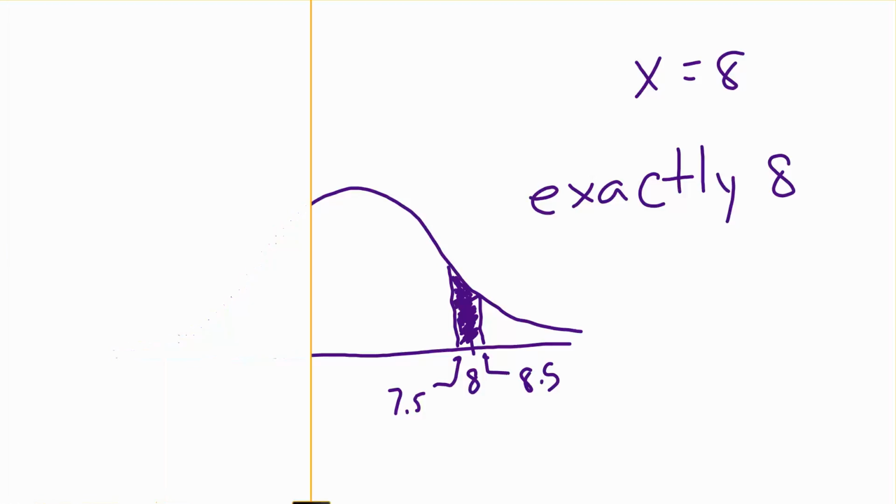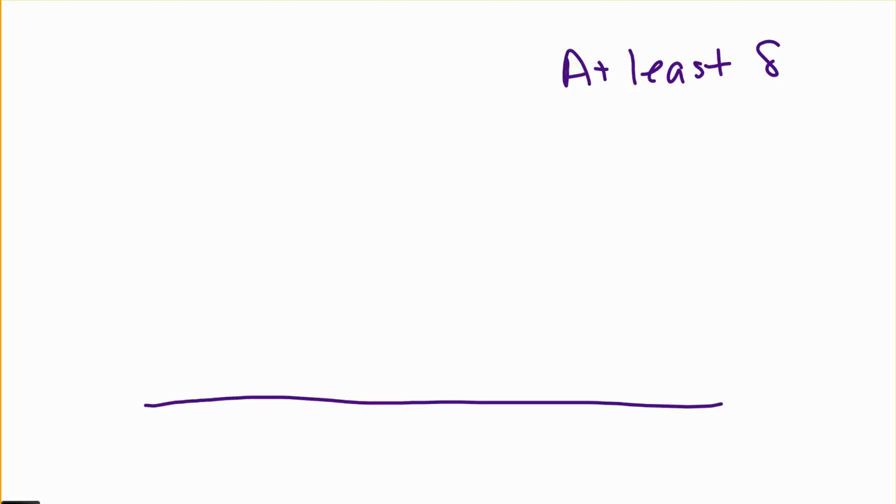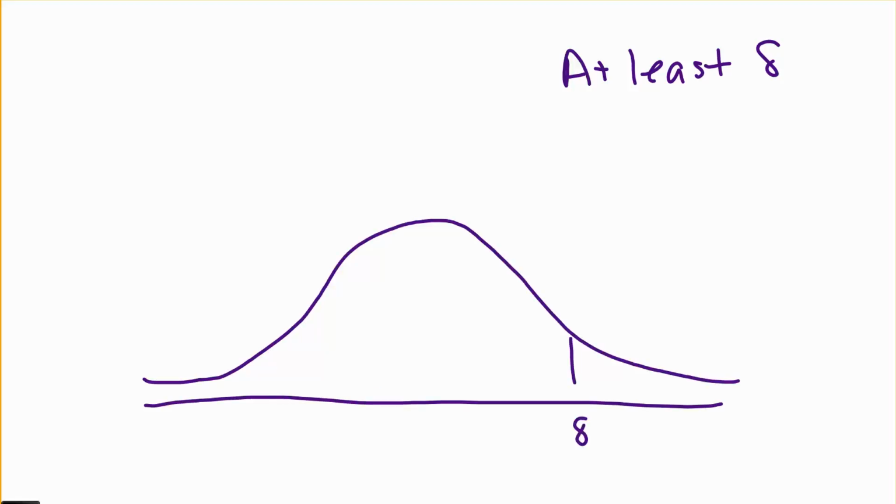Let's look at a different graph. And let's say that we're looking for at least 8. If we're looking for at least 8, let's put 8 right here. Then, remember we said if our discrete variable is 8, we actually are looking at 0.5 less than that, 0.5 greater than that.